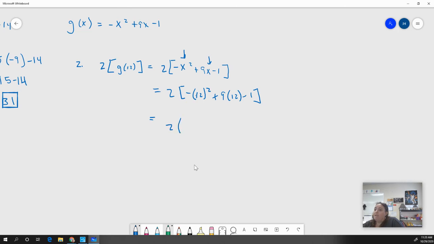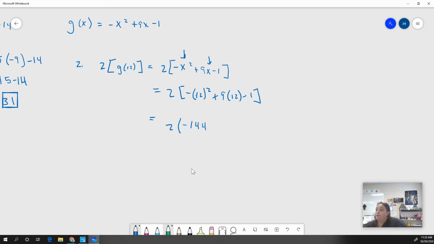So here I have minus 12 squared. Well, that's 144. Plus 9 times 12. What is 9 times 12? I want to say 72, but I don't think I'm right. For some reason, I can't remember my 12 times tables right now. 9 times 12 is, see, 108.